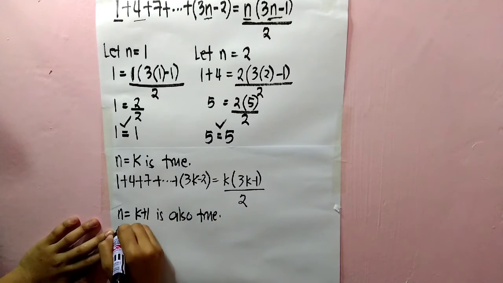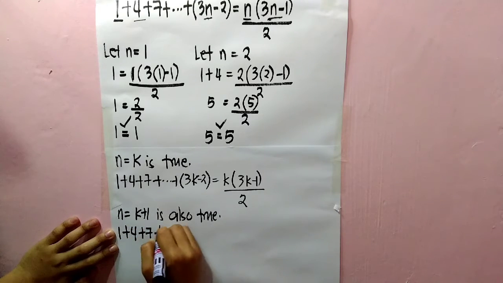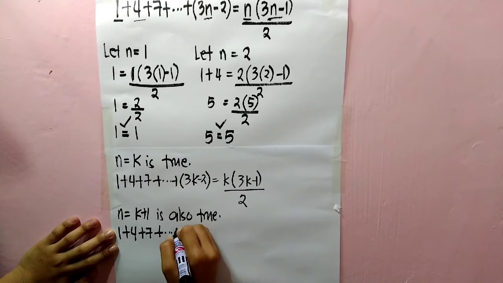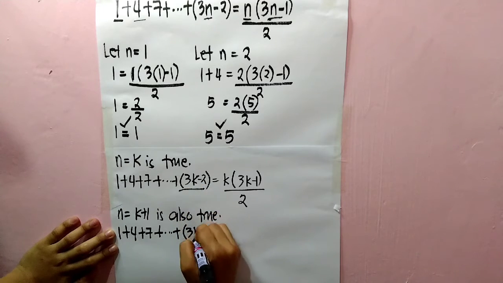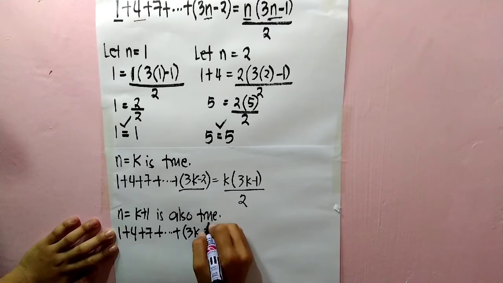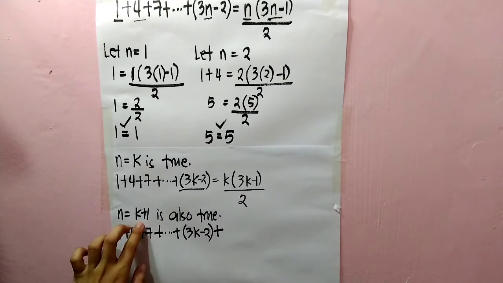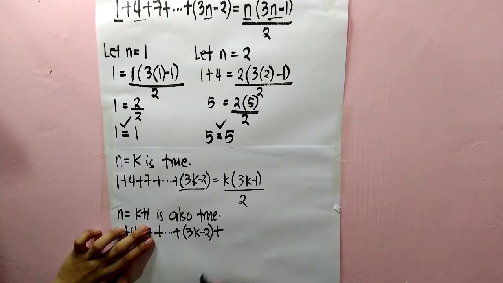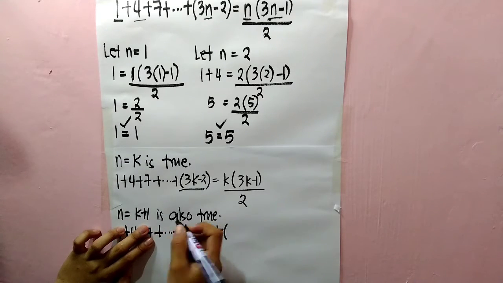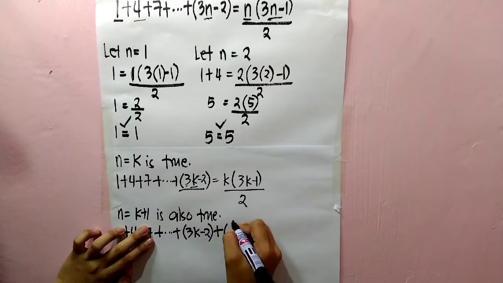So we have 1 plus 4 plus 7 plus all the way to plus 3k minus 2, which we copy, plus, since we will prove that n equals k plus 1, we will substitute k to k plus 1.